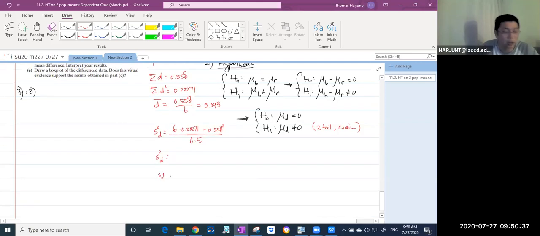Let me use my other calculator, the one I have a pen right now. I get 0.03016, and then the square root of that number is 0.17368. Let me compare with my calculator.